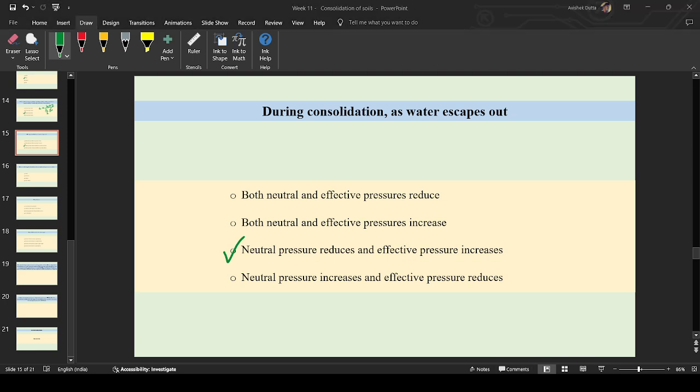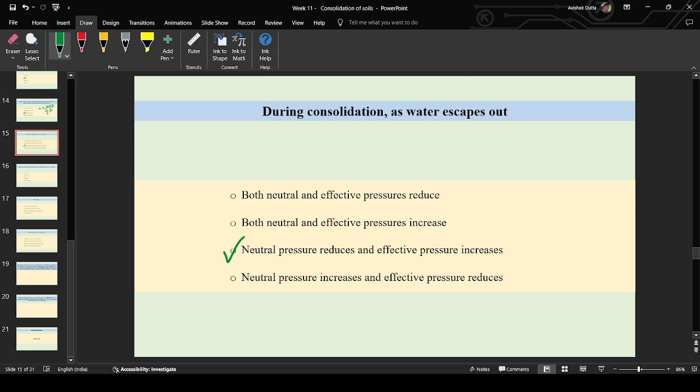Is it a third of neutral pressure or hydrodynamic pressure, sir? Hydrodynamic pressure, if you want to consider, you have to take the change in the neutral pressure into consideration, right?